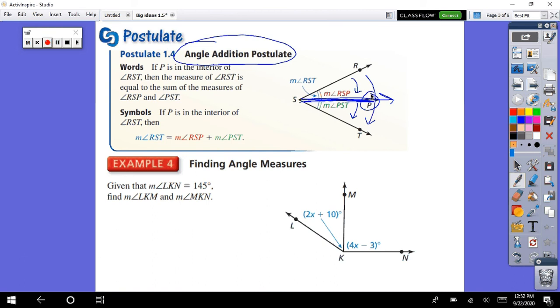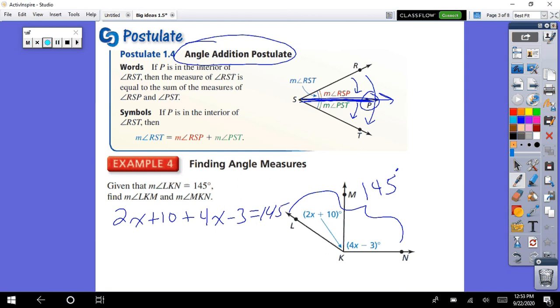Example 4, pretty good illustration of this. So they tell us that LKN, the entire angle, is 145 degrees. Then you can set an equation up using the angle addition postulate that says 2x plus 10 plus 4x minus 3 equals 145. Combine like terms.